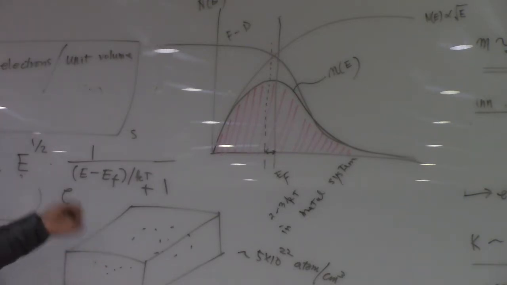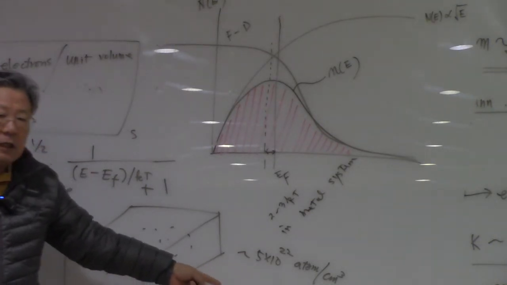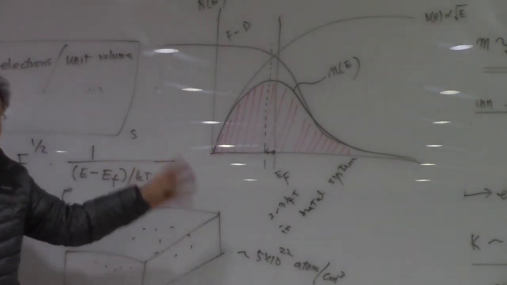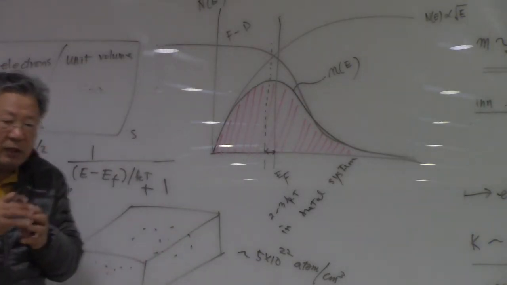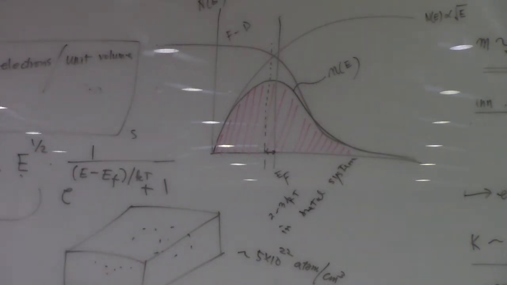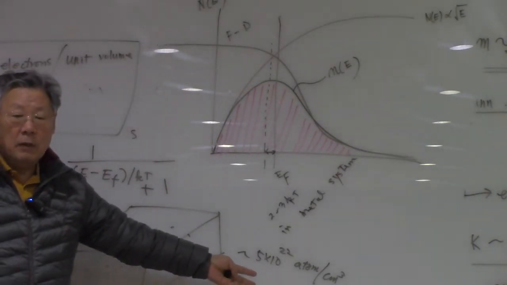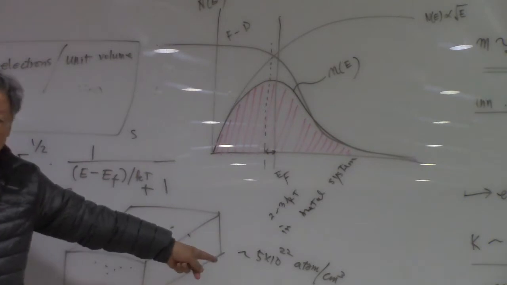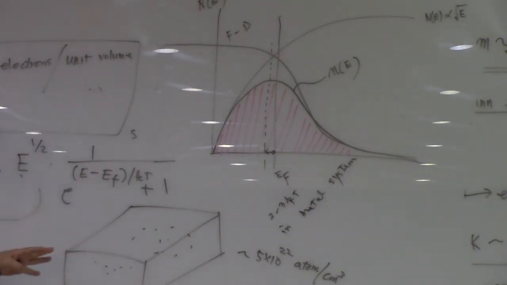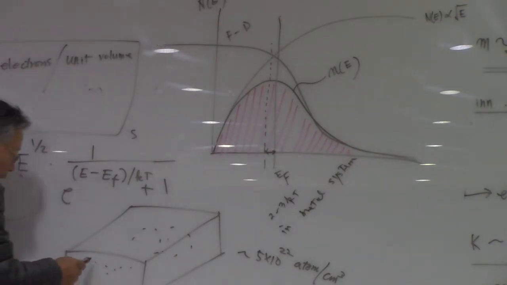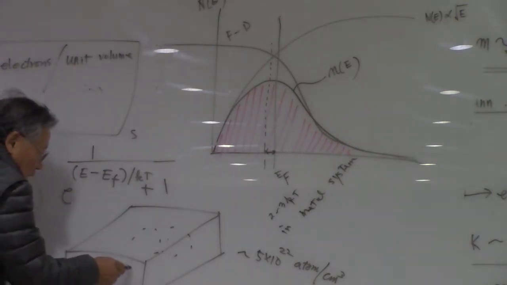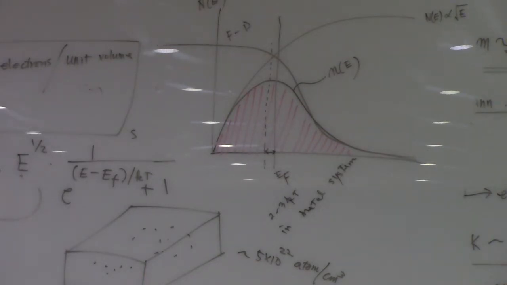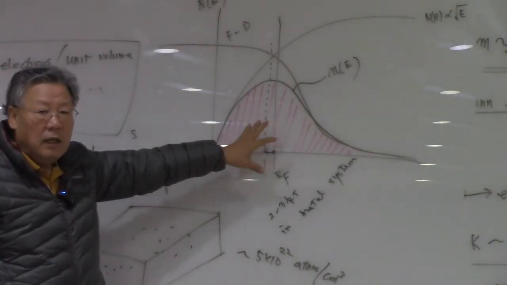For lithium or alkali metals, each atom gives up one free electron, so the number of free electrons is exactly the same as the number of atoms. And what we have calculated is the energy each free electron can have in this metal system.